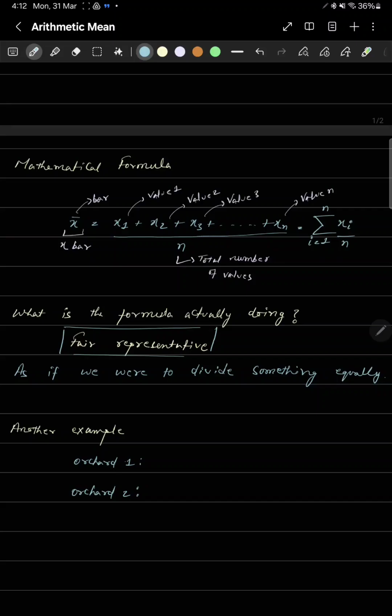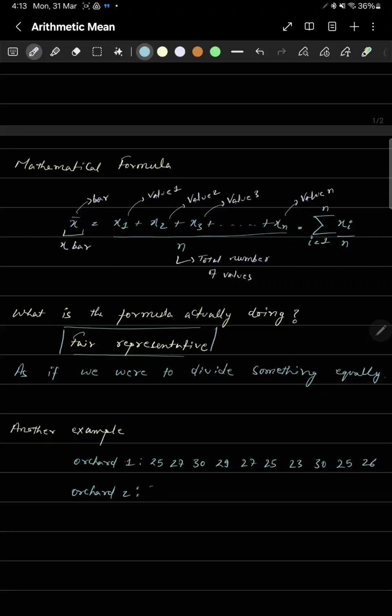So for orchard 1 we have 25, 27, 30, 29, 27, 25, 23, 30, 25, 26.